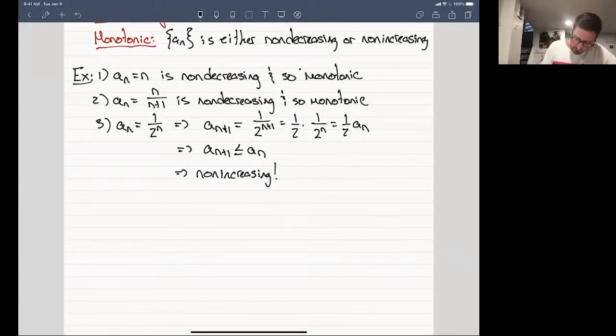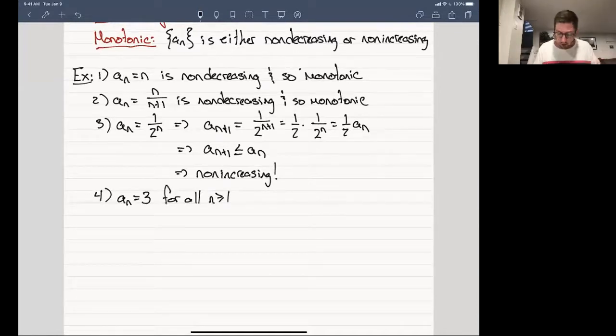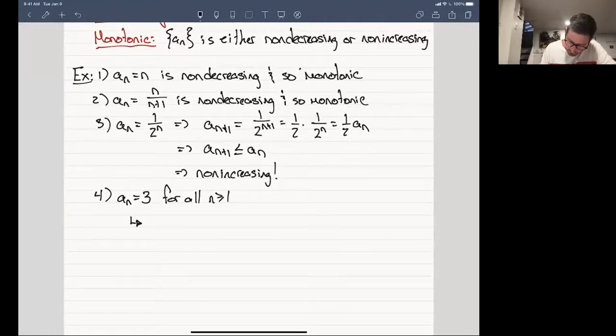Okay, let's do one that might look silly, but it probably merits some investigation. A constant sequence. Well, we have first an is equal to 3, which is less than or equal to 3, which is less than or equal to an plus 1, which tells us that we are non-decreasing.